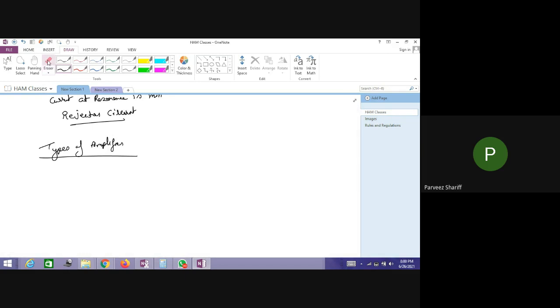If I call it type, then it will be a mistake, because type means there will be a voltage amplifier or power amplifier and so on. Specifically, I'm supposed to talk about the classes of amplifier.